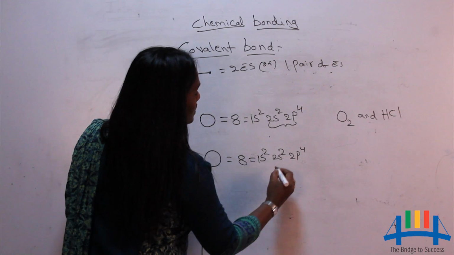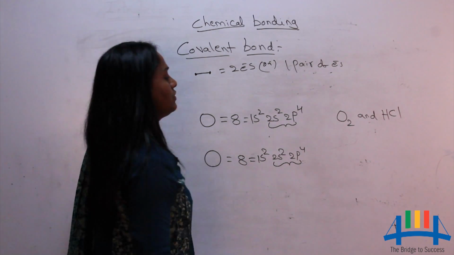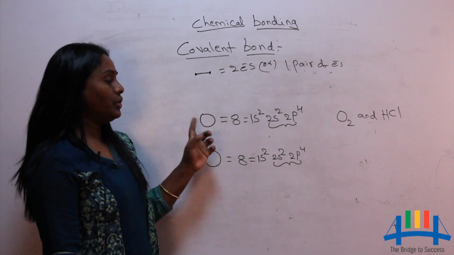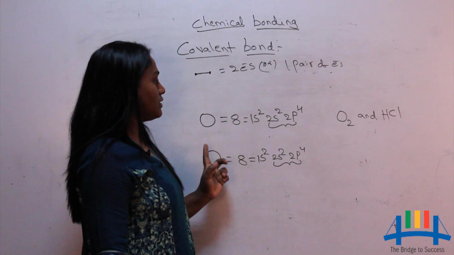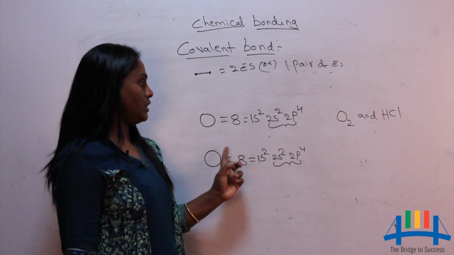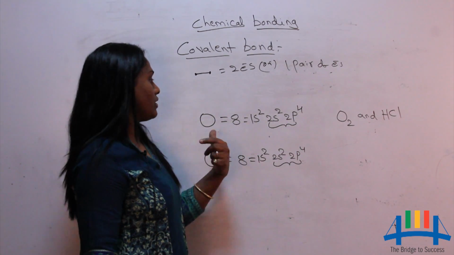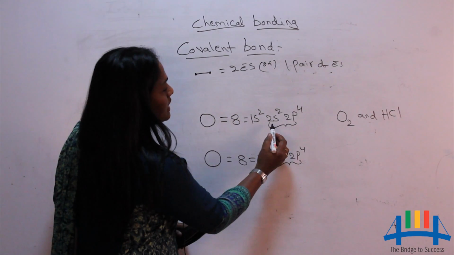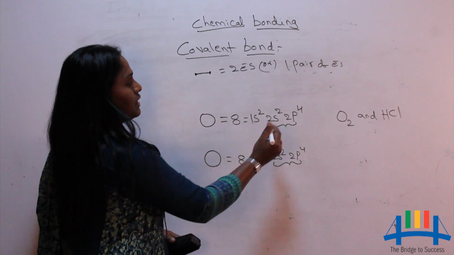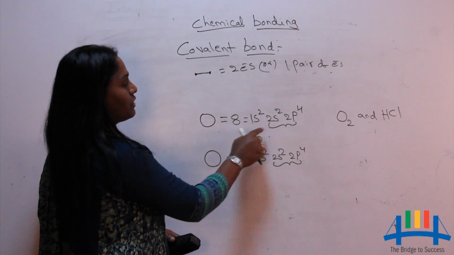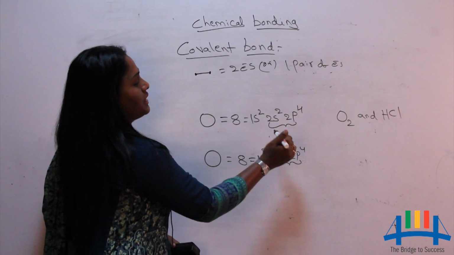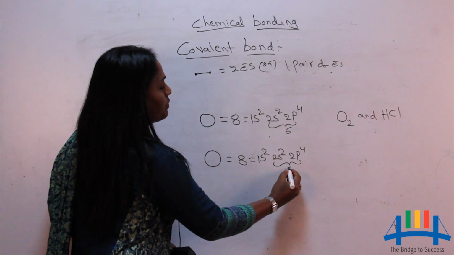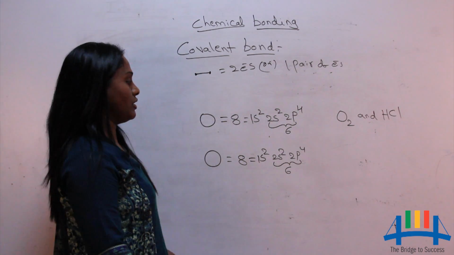Now find out the valency of oxygen. To find the valency, you should find the valence electrons of oxygen. The number of valence electrons present in each oxygen is 6, since the valence shell is 2, so 4 plus 2 is 6.